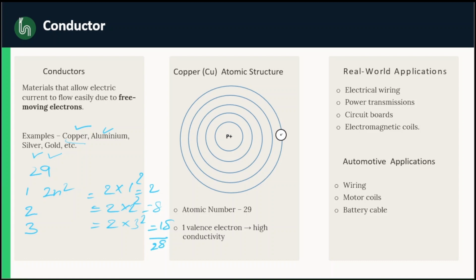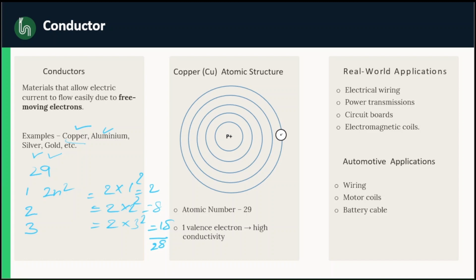In the real world, where do we use conductors? Obviously in wiring, because conductors are the path for electrons to flow. If you don't have a path, it will not flow. So we use electrical wirings, power transmission, which you might have seen as huge lines around us, circuit boards, and electromagnetic coils, such as in water pumps and many other coils.